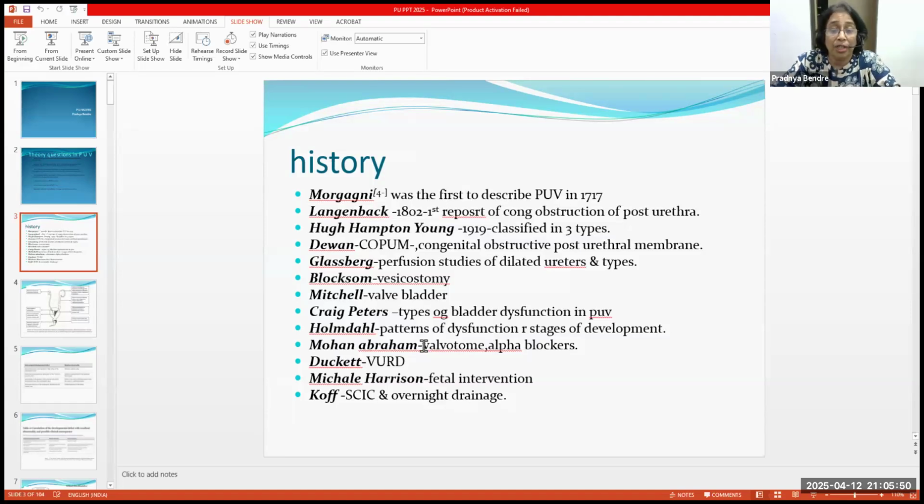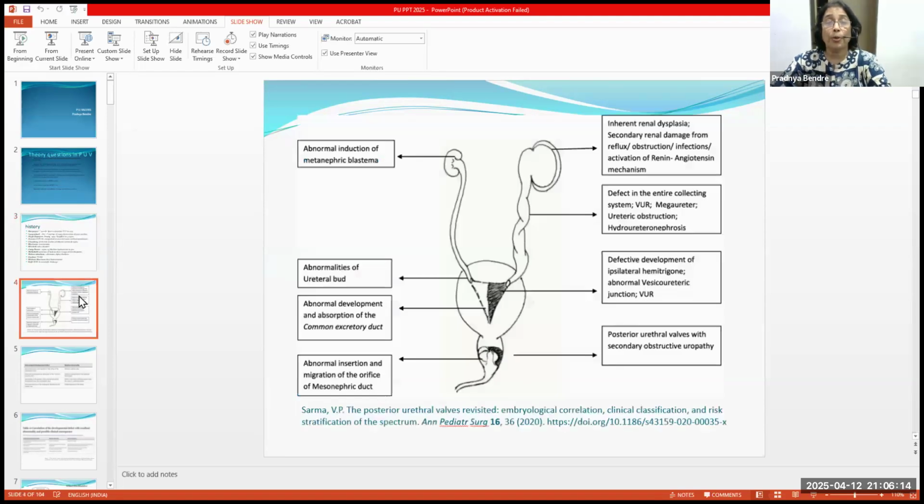And for me, when we never had a neonatal scope, this was the magic which worked. Then Duckett, who described VURD, and Harrison's contribution in every fetal intervention. And Koff is for the CIC and overnight drainage, which has made a huge difference in the contribution to PUV.